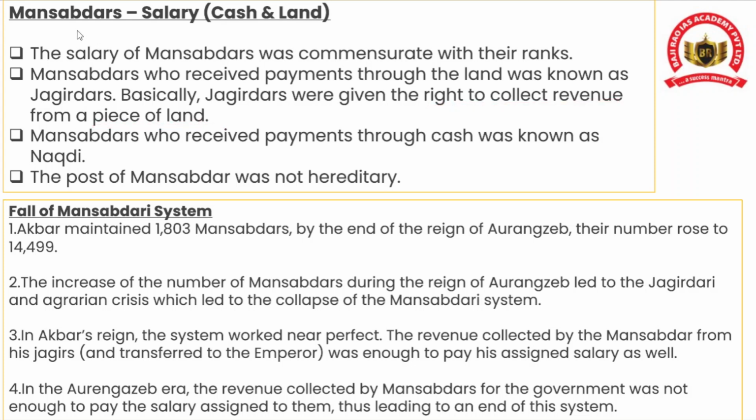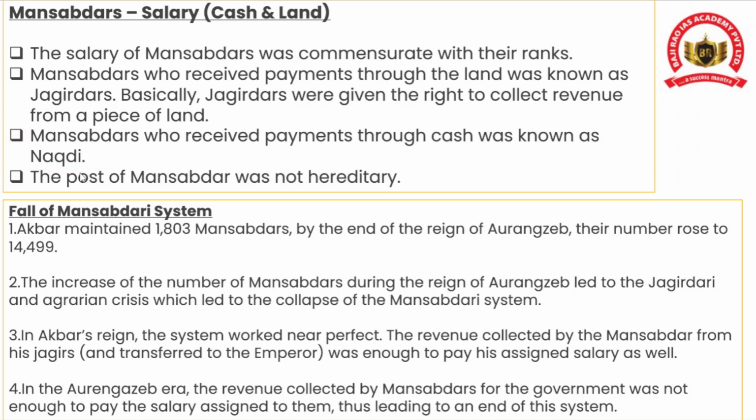So a few mansabdars were paid through land, and they were called jagirdars, entrusted with the task of collecting revenue from a particular piece of land. There was another category of mansabdars who received payments in cash. They were known as nagdi.